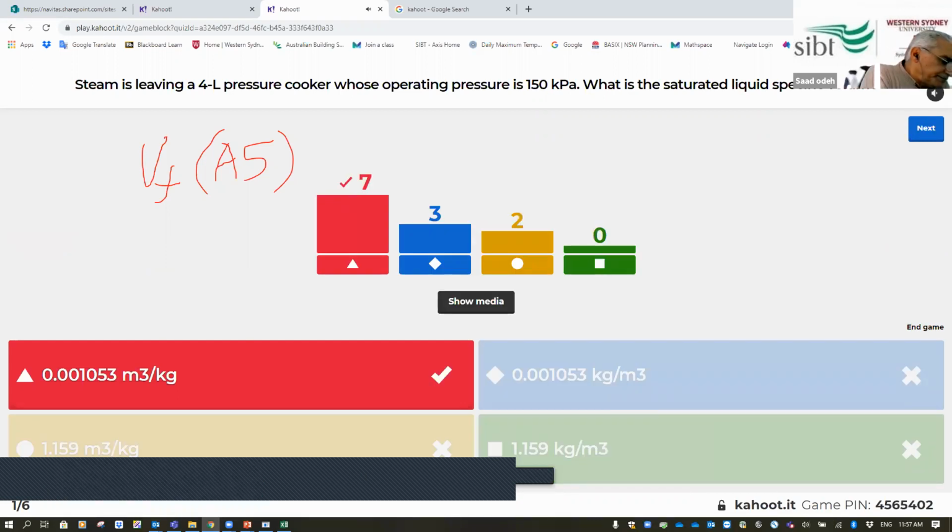So we have 7 correct. You just go to the table and find, at the pressure 150, what's the VF, the specific volume. Straightforward.